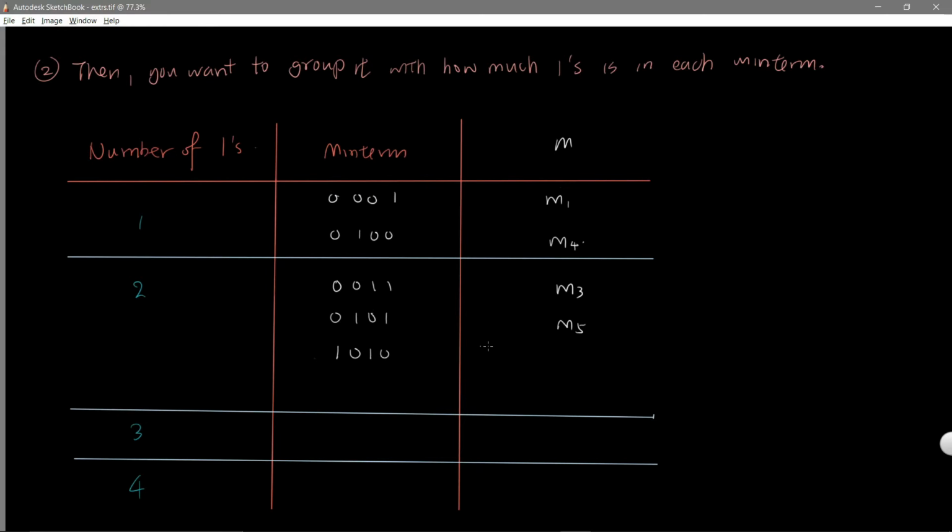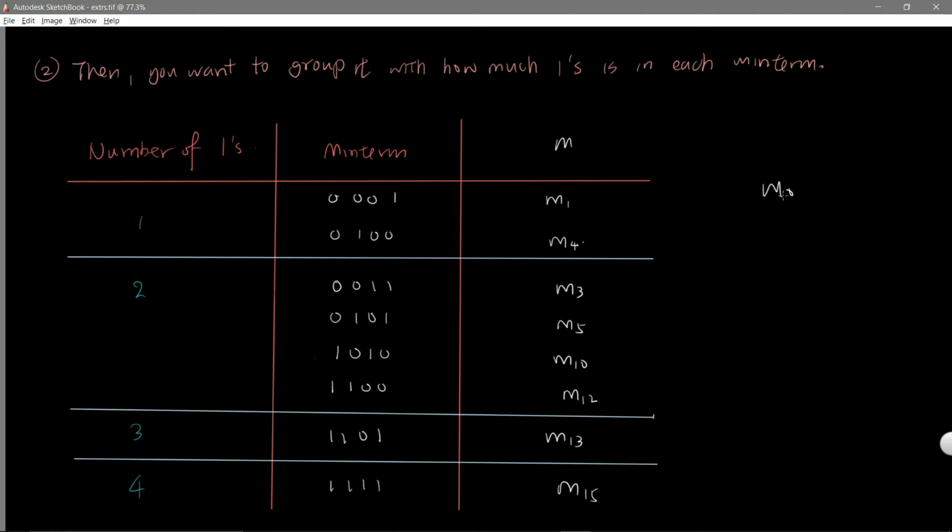M10, and M12. The one with 3 ones is M13, and the one with 4 ones is M15.